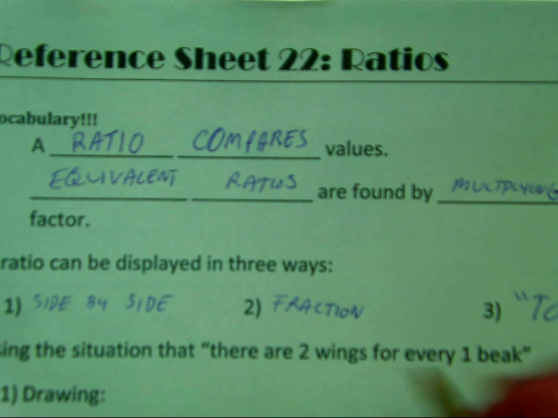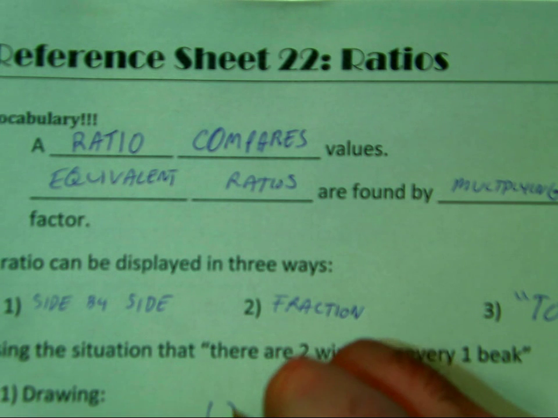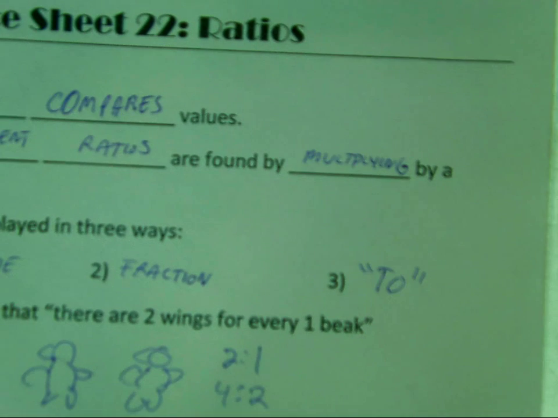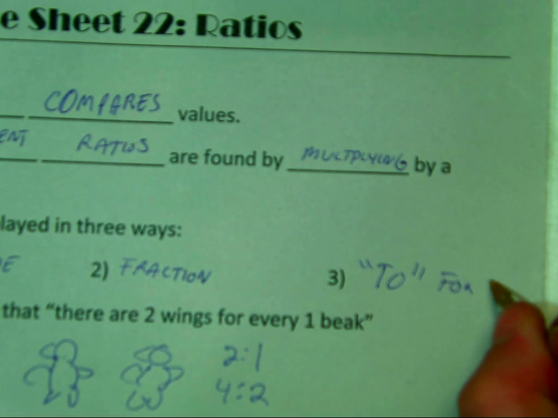So the drawing, if I have a bird, I know I have 2 wings and 1 beak. If I have 4 wings, if I have 2 wings for every 1 beak, it means I have 4 wings for every 2 beaks. I'm going to modify this to also include "for every".